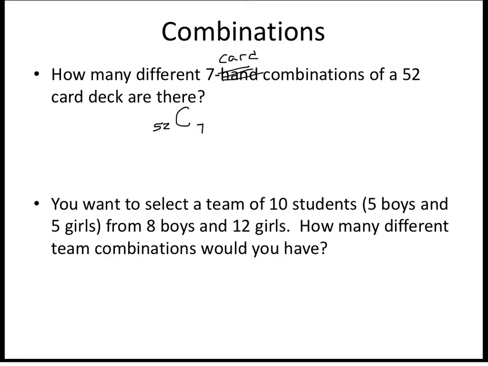And so when we are calculating this, with the cards, we don't really care about the order. That's up to the person who has them in their hand to order them however they wish, right? We just want to have the actual cards. So that will be 52 factorial divided by 52 minus 7 factorial times 7 factorial.